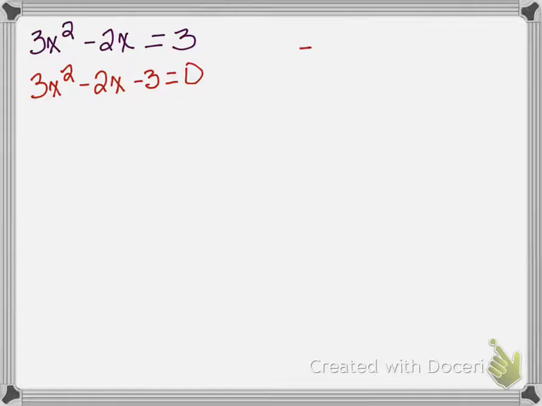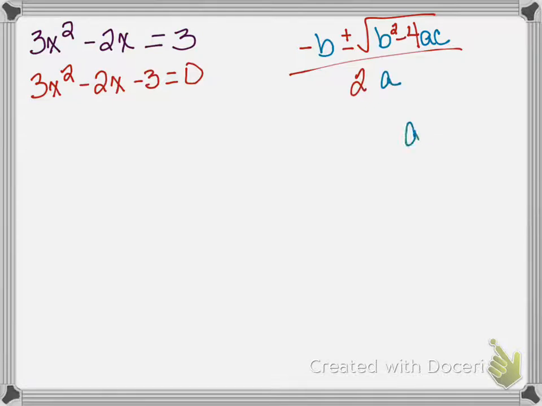So I have negative b plus or minus the square root of b squared minus 4ac all over 2a. My a value here is what? My b value? C value?